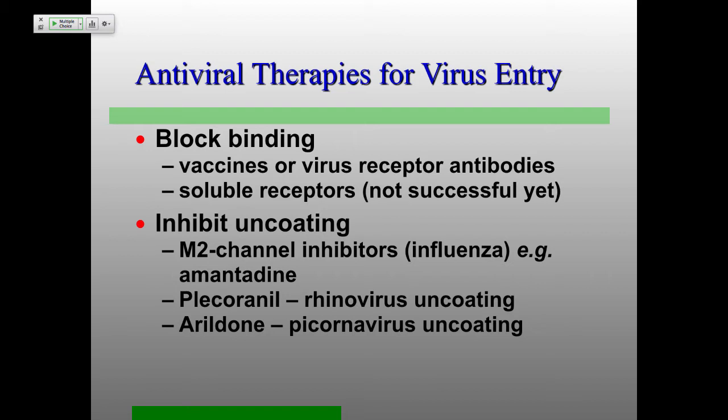So it turns out that maybe even this therapy that we're talking about for HIV, people are now using antibodies as drugs to try and block some of these kinds of interactions. And another way that people have tried to do this, instead of looking at what the virus is going to interact with on the cell: if the virus is always going to interact with a specific receptor, what if you just flood the patient with a bunch of receptor that's not associated with the cell?